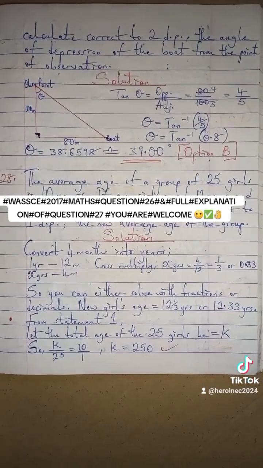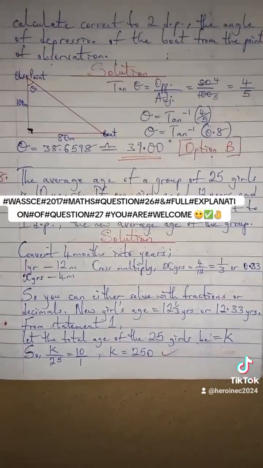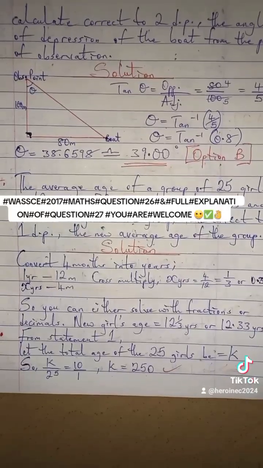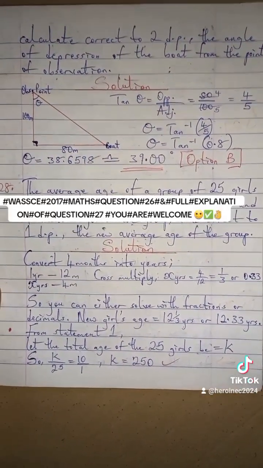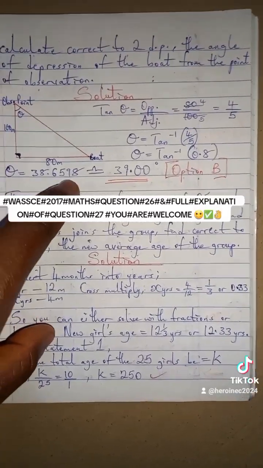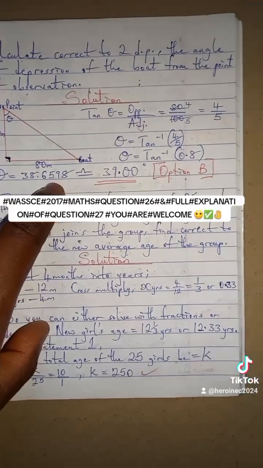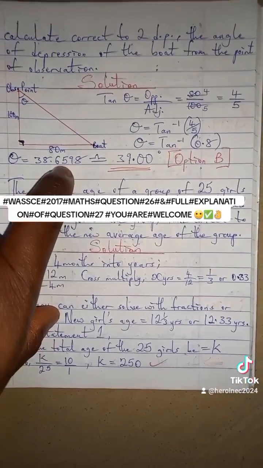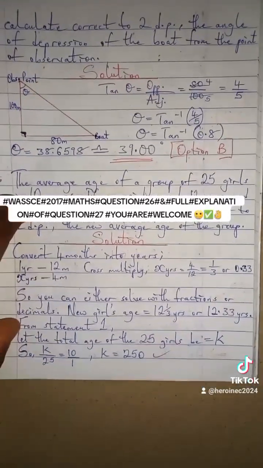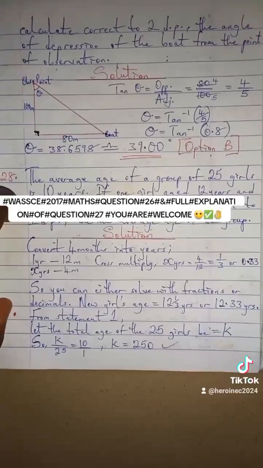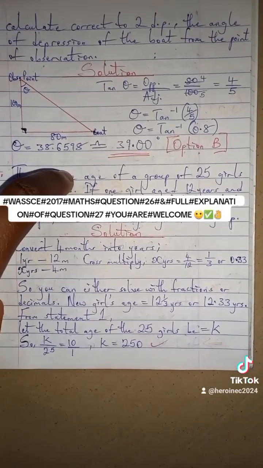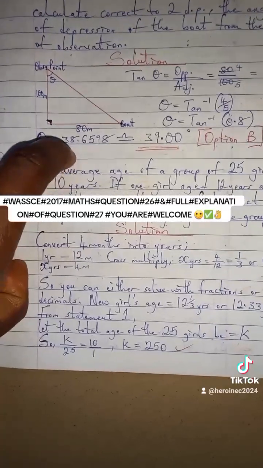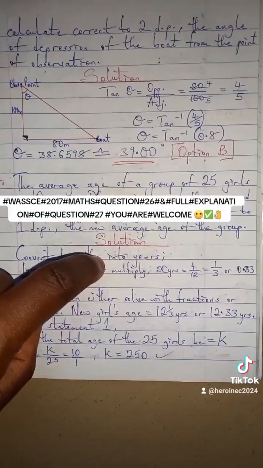So in the past question, there is 38.66, because to 2 decimal places it is supposed to be 38.66, because the second decimal place here is 5, but because we have a 9, a number greater than 4, when we approximate, this 5 becomes 6. In the past question that I used, there was no option of 38.66, so it was just 39. It's more like they rounded it up to the nearest whole number. So that is why you have 39.00 degrees, option B.